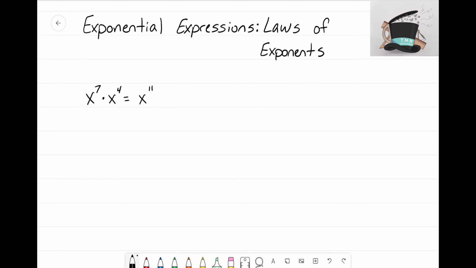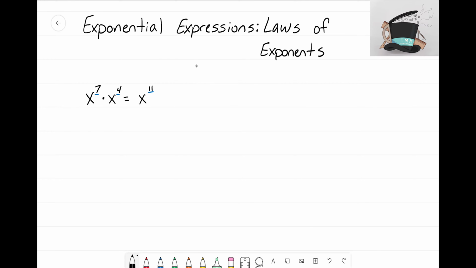Are we starting to realize that when I'm multiplying my same base with exponents, all I'm doing with those exponents is adding them? I'm just writing out the 7 x's, the 4 x's, then I combine the 7 and the 4, and we get 11.